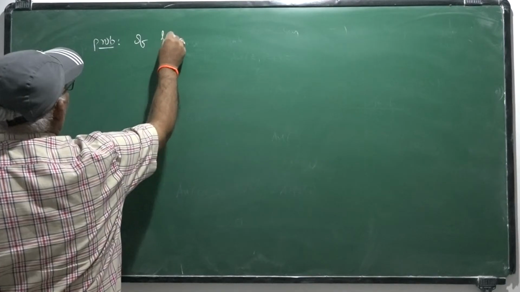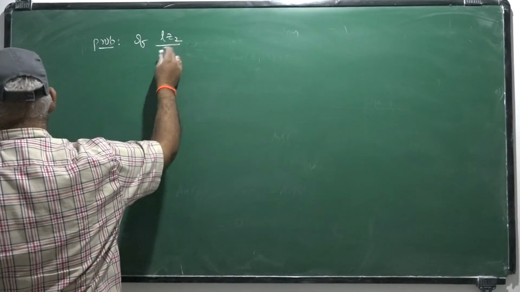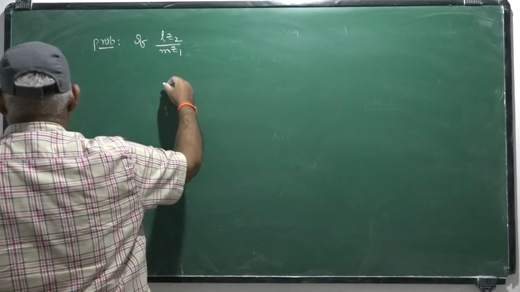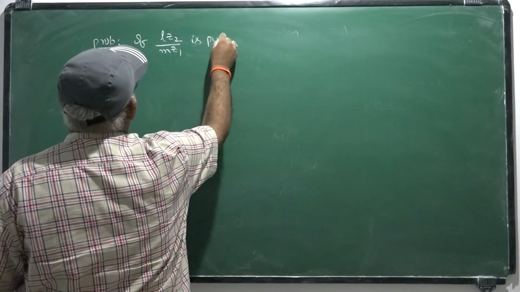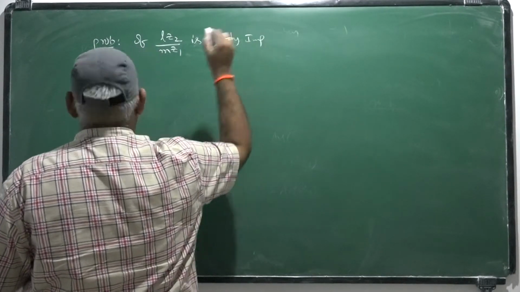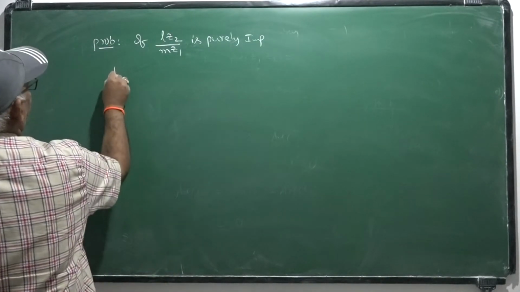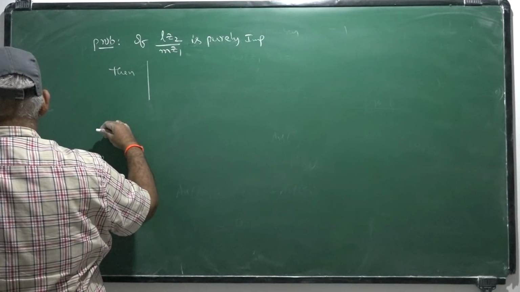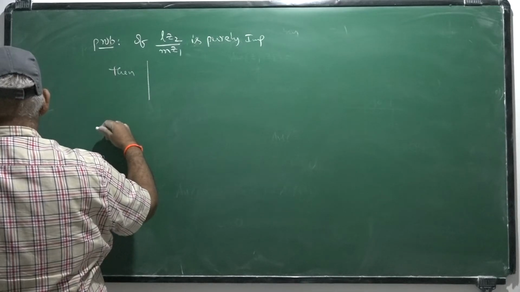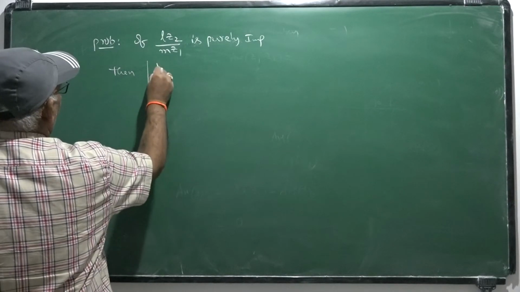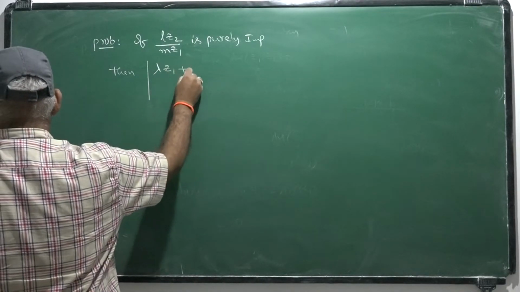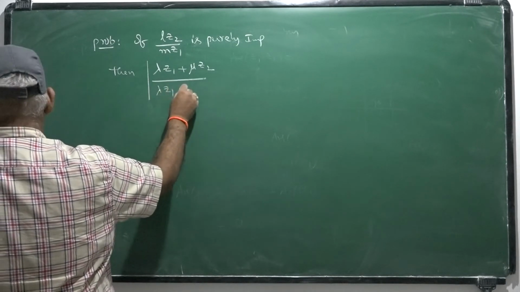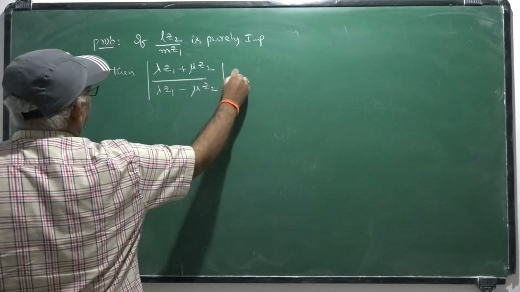If lambda Z2 by mu Z1 is purely imaginary, then modulus of lambda Z1 plus mu Z2 by lambda Z1 minus mu Z2 is equal to.